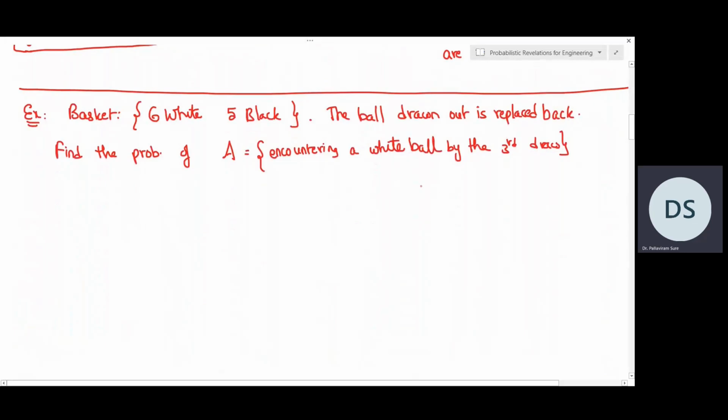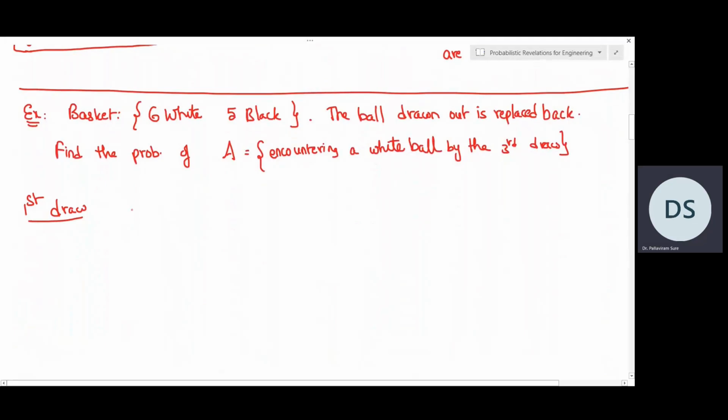That means when we make a first draw, if we get a white ball, then that is an element of this A. And in the first draw, let us say we don't have a white ball, but in the second draw we have a white ball. Then that also is an element of this particular event A.